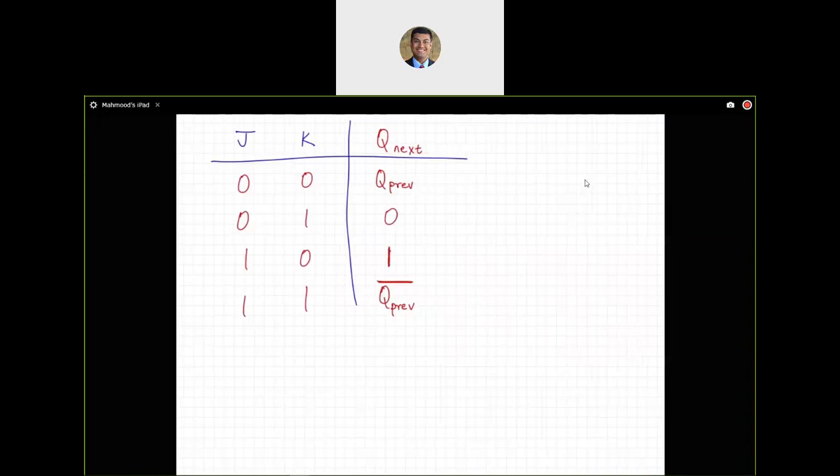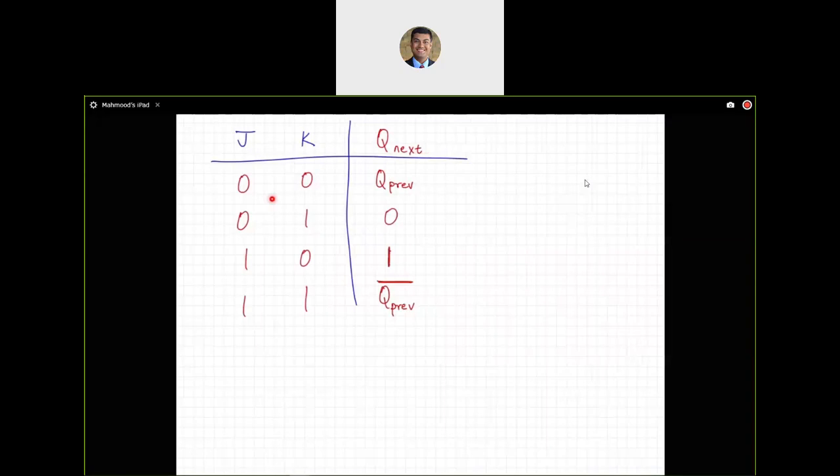This is also the characteristic table, and I don't have a column for the clock in this case because I'm assuming that it is understood by everyone using the JK flip-flop that the output can only change after the negative edge of the clock, or it might change after the positive edge if it is a positive edge triggered JK flip-flop.